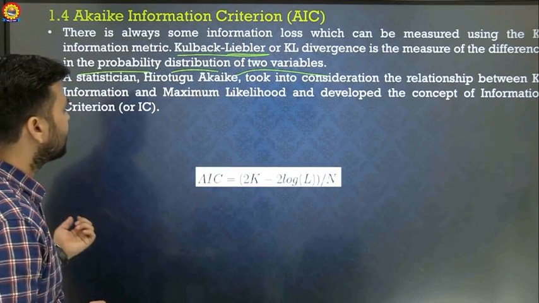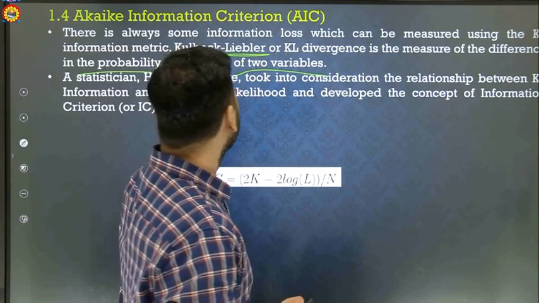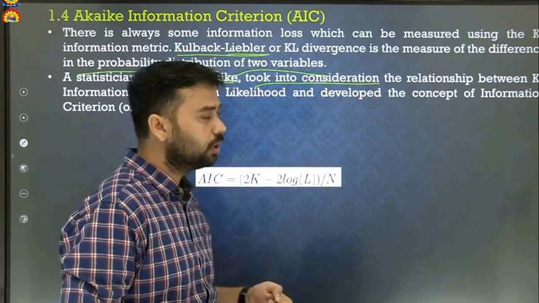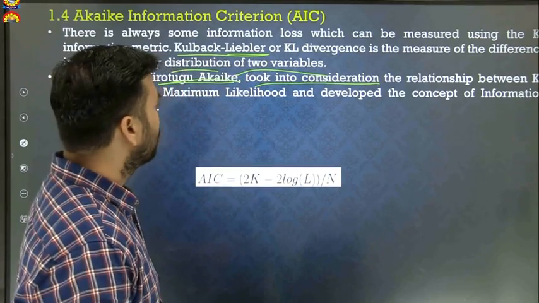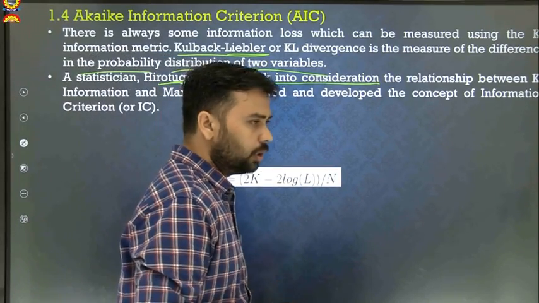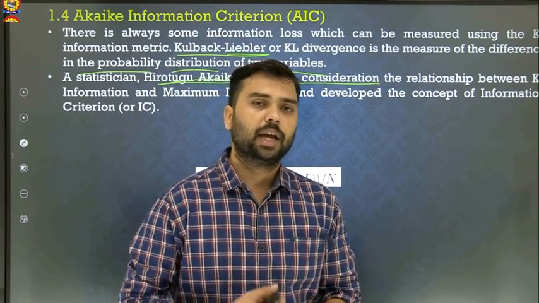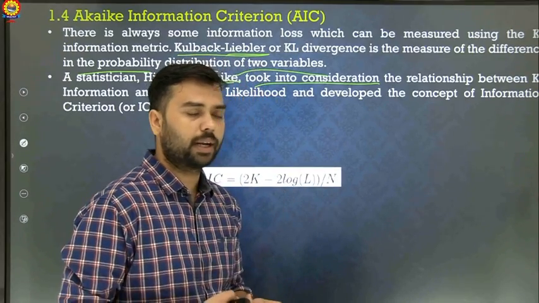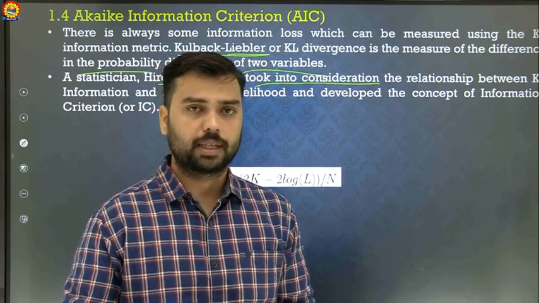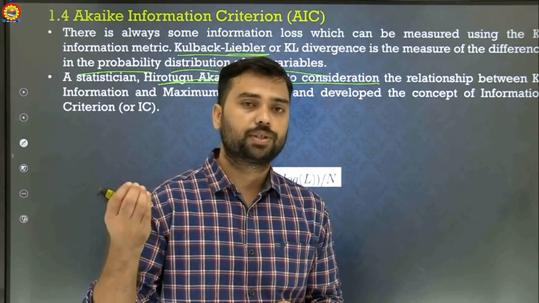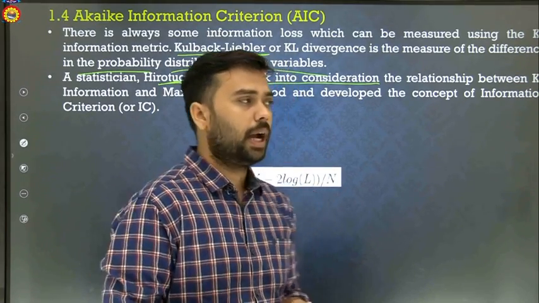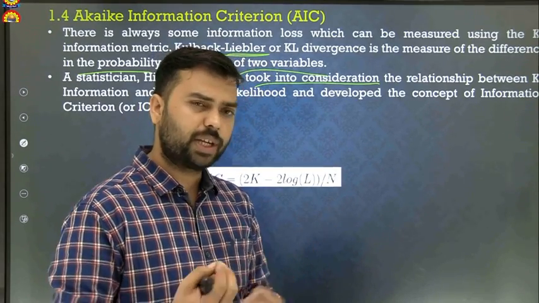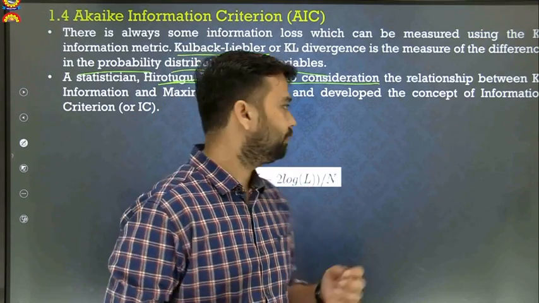The statistician Hirotugu Akaike took this into consideration. He did this calculation with the help of the KL method and the maximum likelihood value. The likelihood value means what value we are currently considering and what value we are going to consider, how much accuracy we require from the model, and how it is computed. We compute the likelihood value and check how much information is lost.